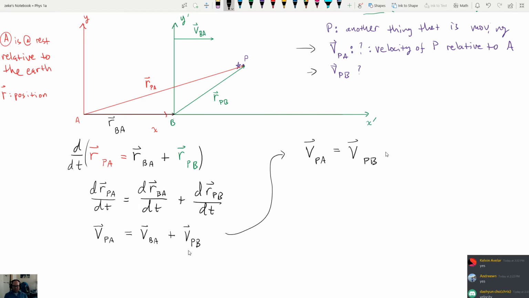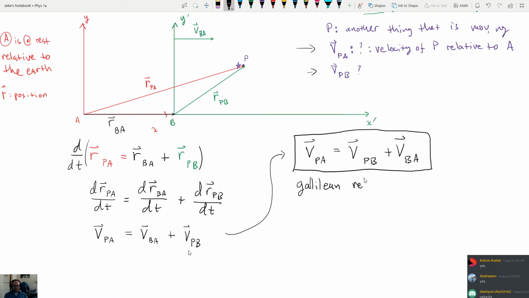VPB plus VBA. So this is the relative velocity addition formula. We call this the Galilean. Galileo has two L's somewhere in his name, right? Is it Galileo? I don't know. Galilean relative velocity addition.